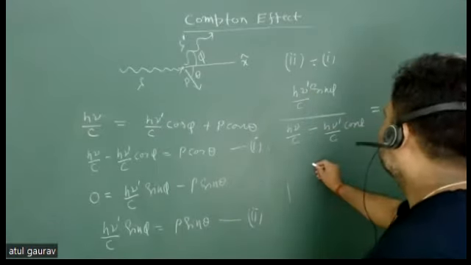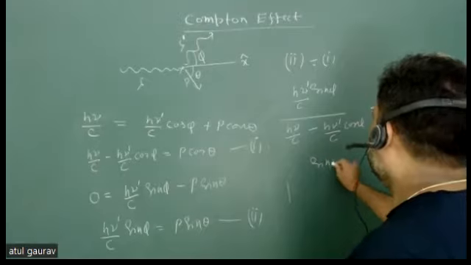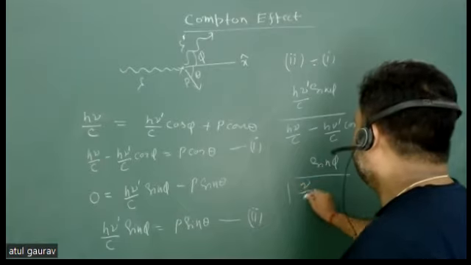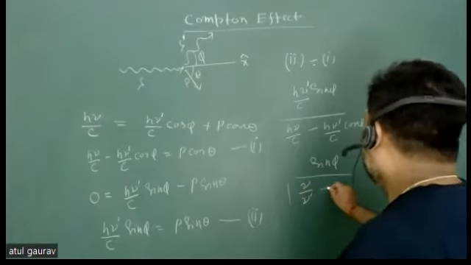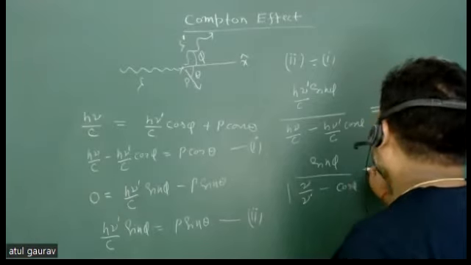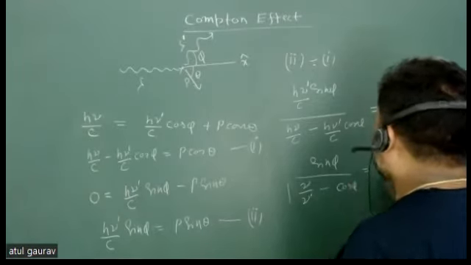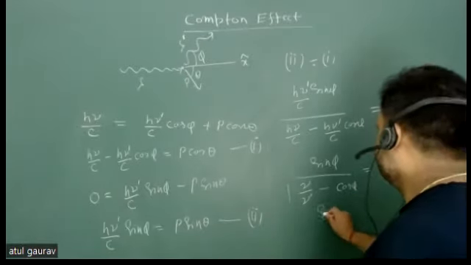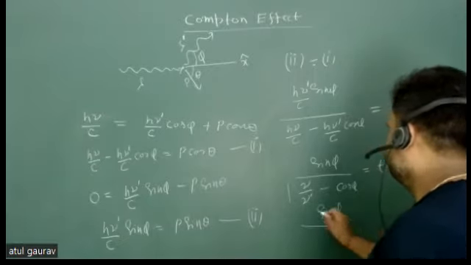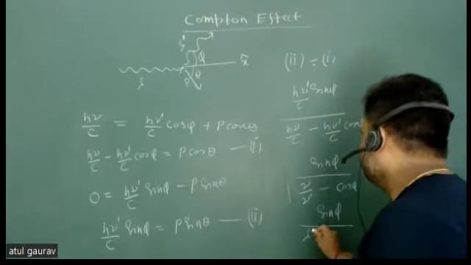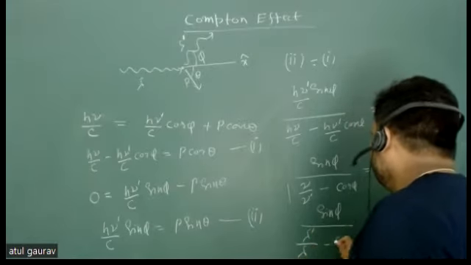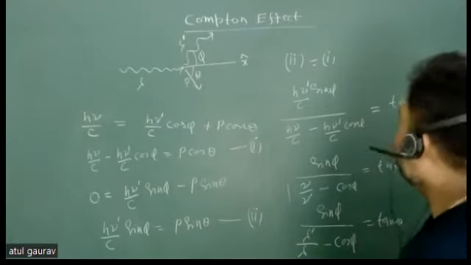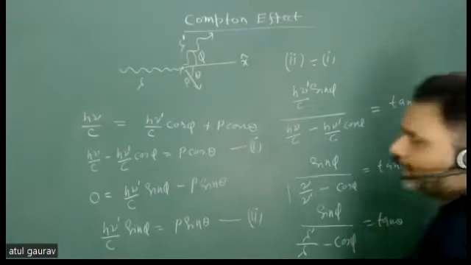So we get sin phi by (nu upon nu dash minus cos phi) equal to tan theta. And in terms of lambda, you can write sin phi by (lambda dash upon lambda minus cos phi) equal to tan theta.